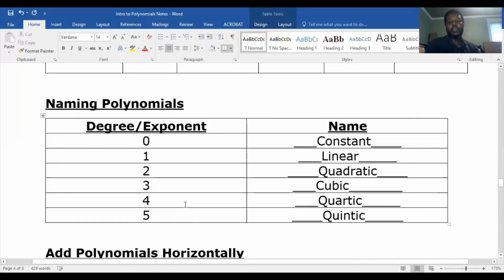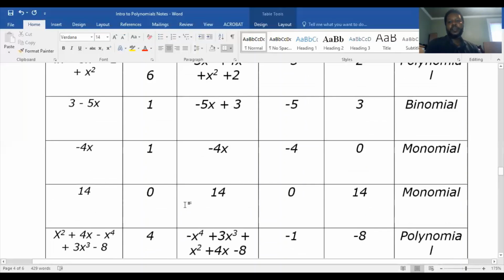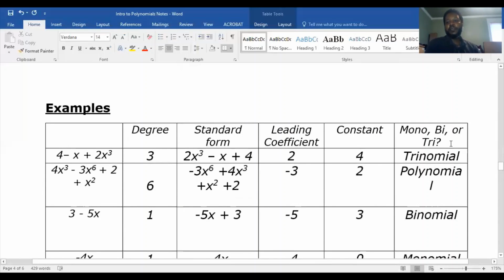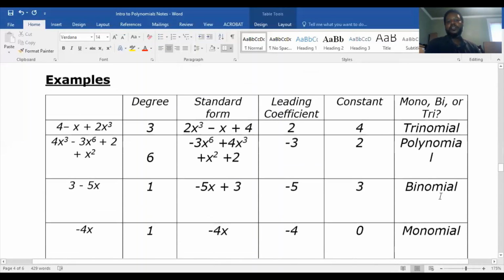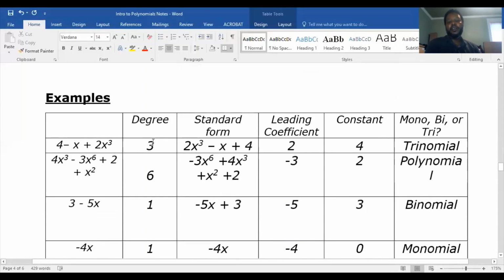So if we take that information and go back up to our table, we've already named what kind of polynomial we have here at the back, right? So now if we use the degree, we can add the degree and the name of the polynomial to finalize the actual name.